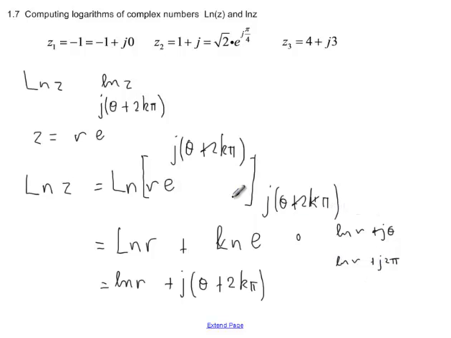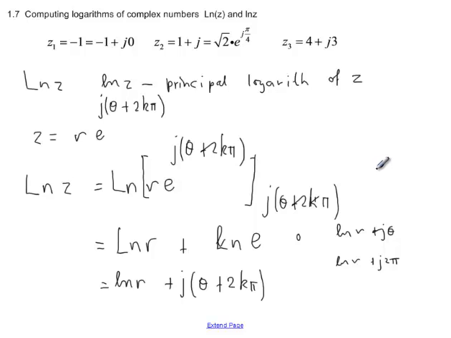Now, when we talk of this small ln of a complex number, we are talking here about what we can call the principal logarithm of the complex number z.